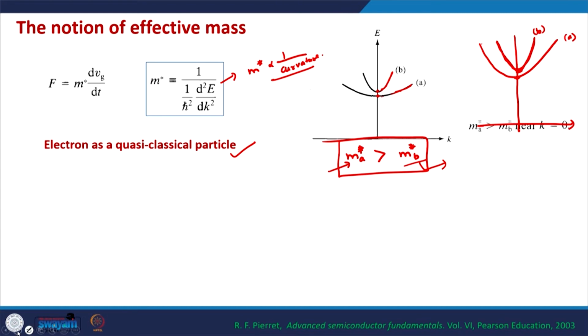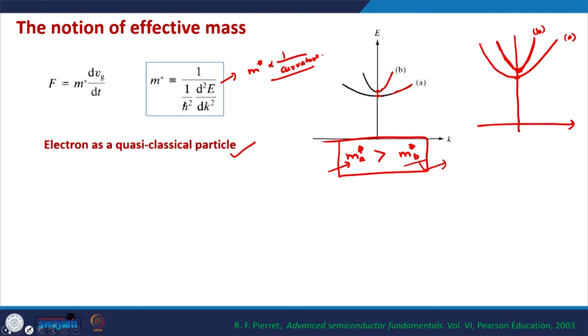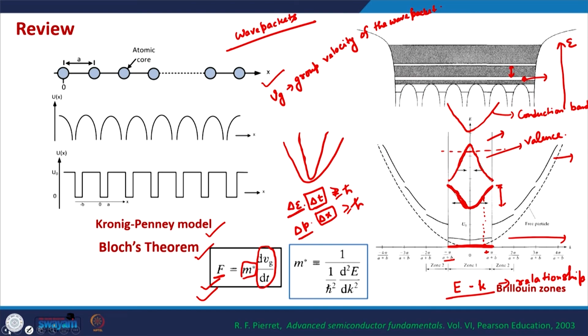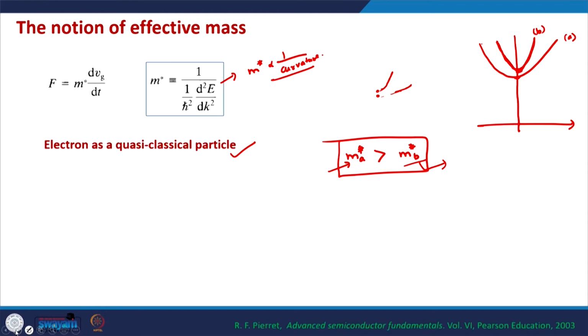Second thing is, as you have seen in the EK relationship for solids, generally the bands take this kind of shape. So, the bands in a 1D solid take this kind of shape. Similarly, exactly similar shape would be there in 2D and 3D solids.